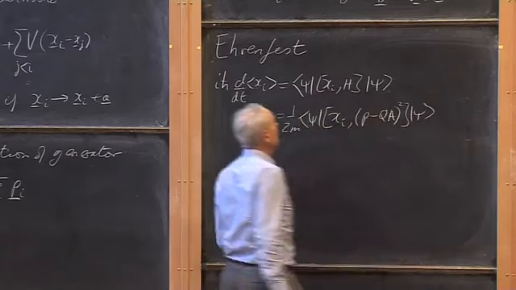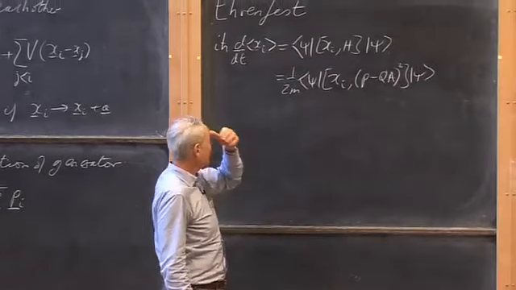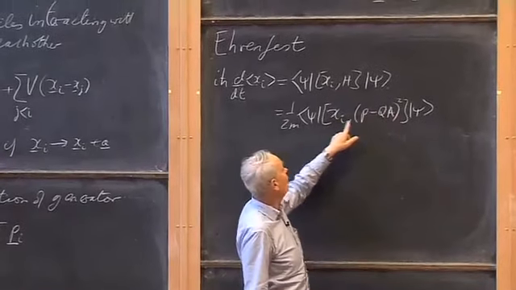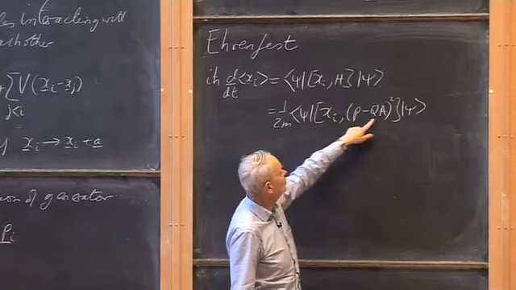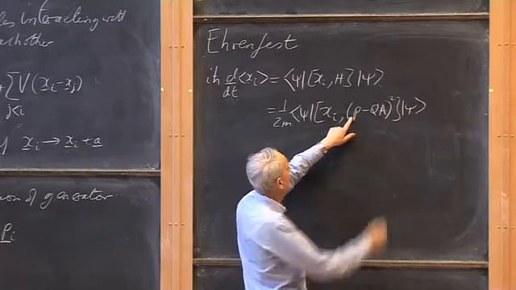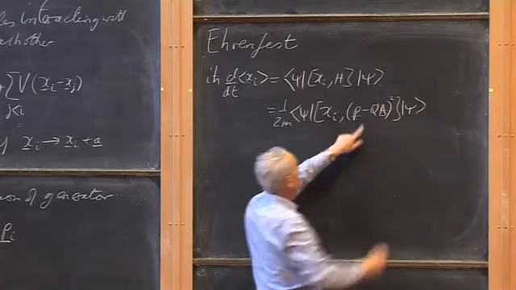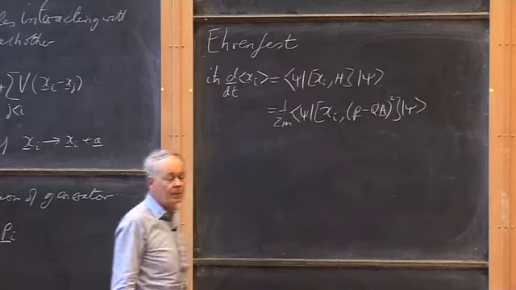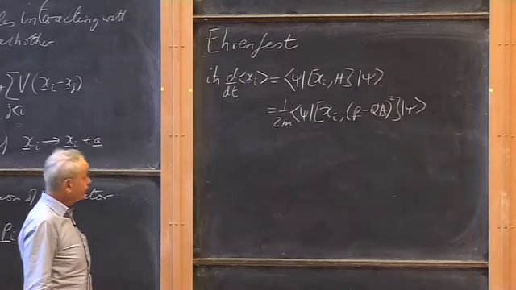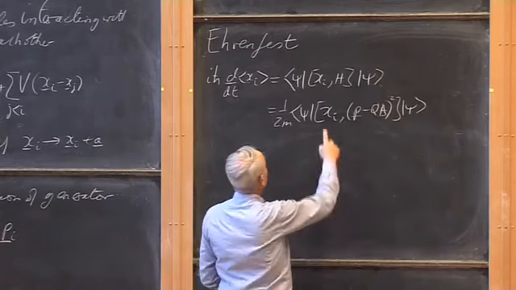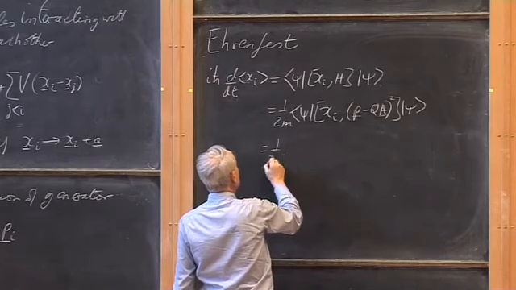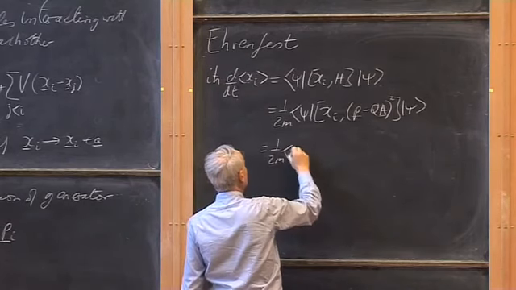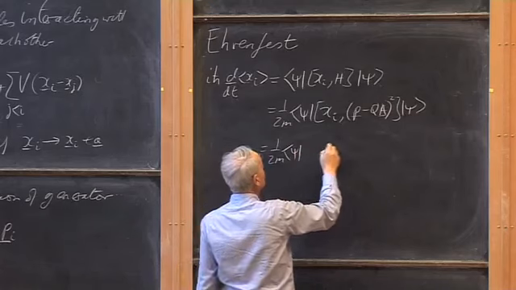Now we know how to take commutators. Why does x_i not commute with this? It doesn't commute because it contains the momentum operators, in particular the ith momentum operator. This is going to be 1 over 2m if we're pedantic. We could do it more quickly than this.